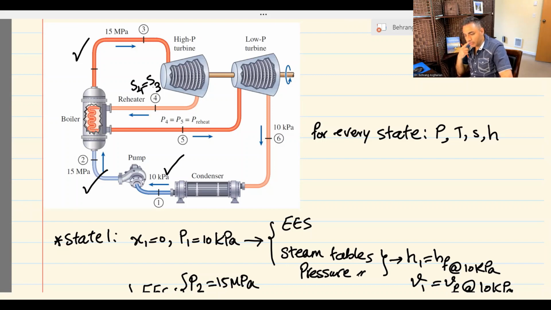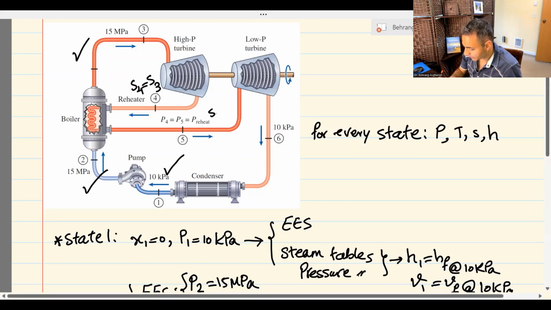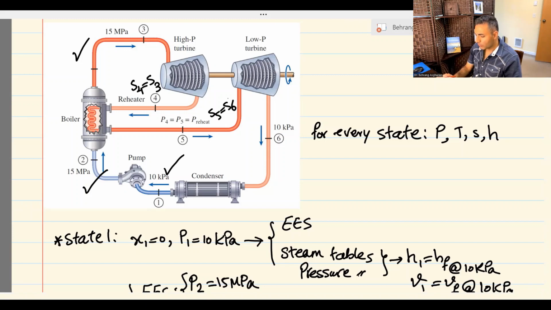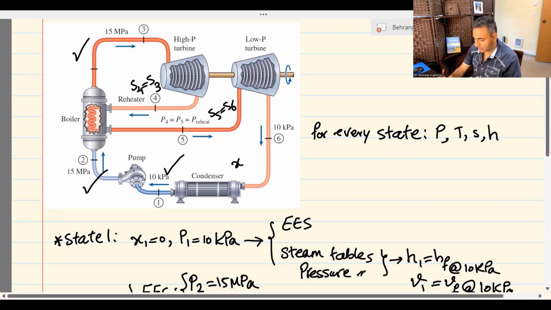What else do I know about state 5? I know that S5 is supposed to be S6. I still don't know what's going on, so what about S6? I can find the value of S6 because X6 was given, 89.6%, and the value of pressure P6 is given.